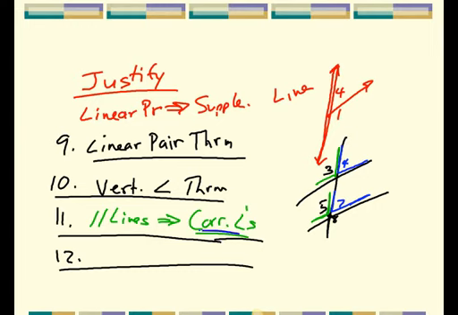So up here we ended with angles. Down here we want to start with angles. So this is why I encourage you to put it on your cheat sheet both ways, because if you flip the order around, you're really not using it to prove what you're out to prove. You're out to prove that the lines are parallel, and so we want our if and our then to be lined up with what we're trying to prove.